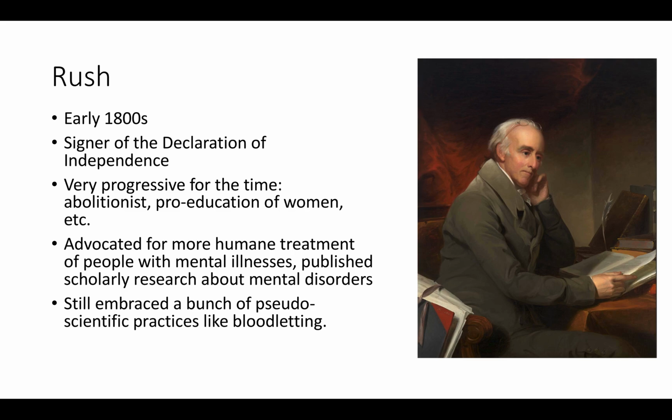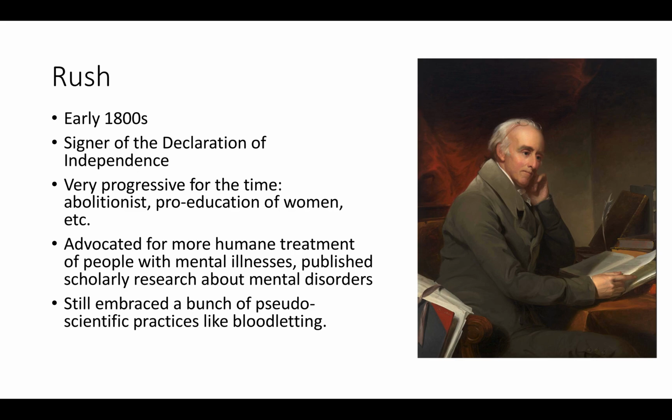But yeah, Rush was a big backer of the moral treatment movement, and he was a proponent of using more humane treatment. He published scholarly research, and he was one of the many important figures that I'm going to talk about. Reginald Scott was another figure like this, not just being a good practitioner for good practices, but also being an opponent of bad practices.